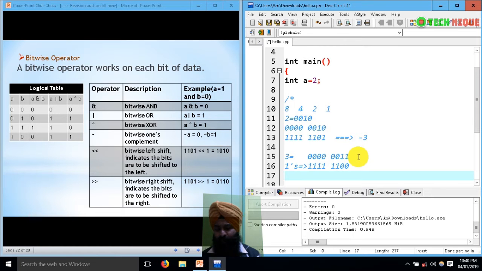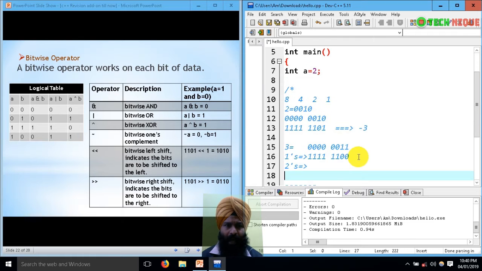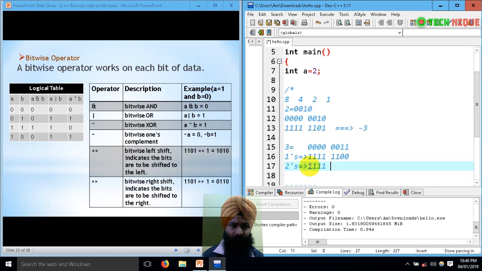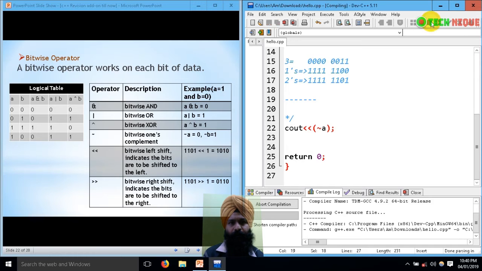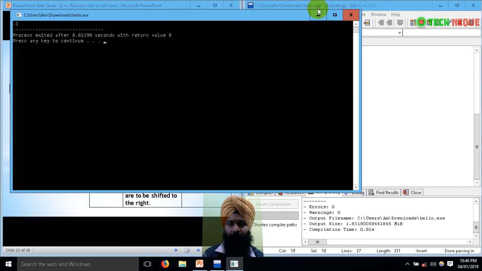Now to find the twos complement of this number, I'm going to add 1 to this. So this will remain as it is, so it's 0 1. Now this is your required storage of -3 in twos complement. You can see that it is equivalent to what we observed in the output, -3.